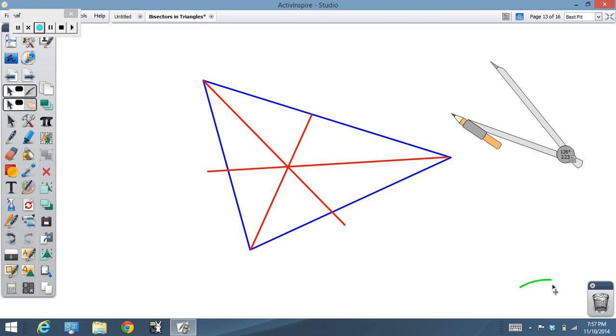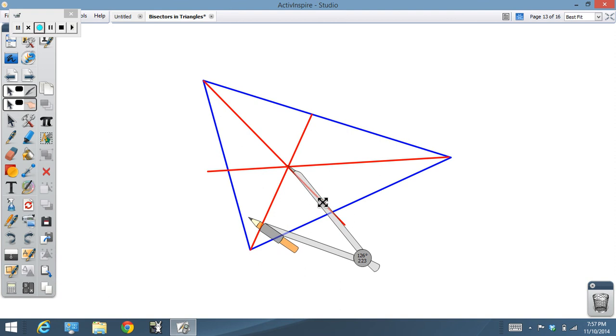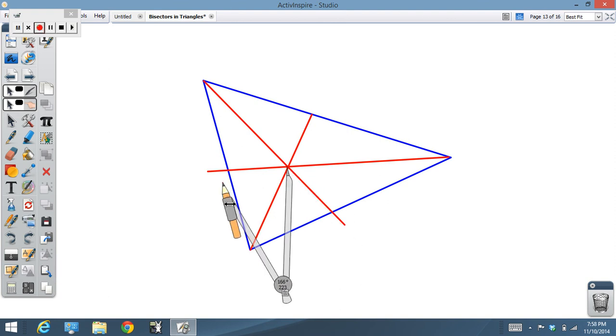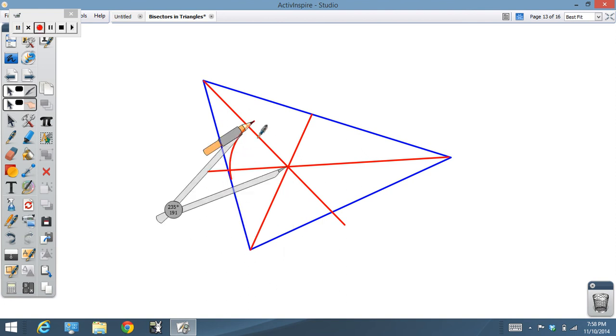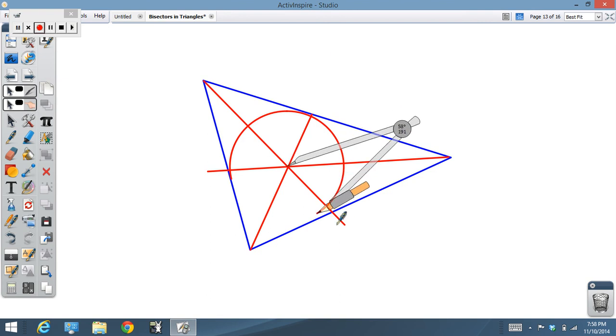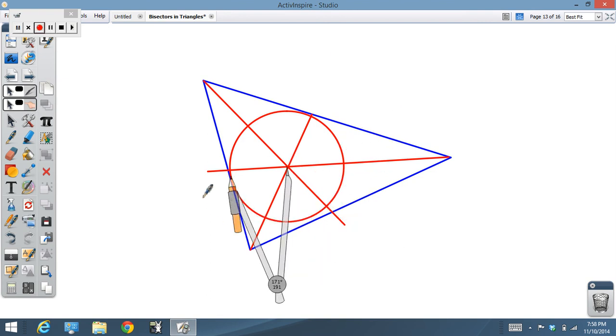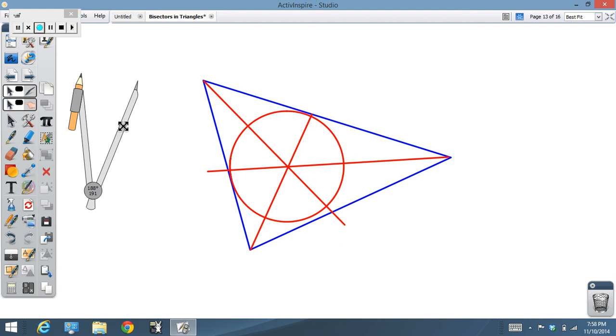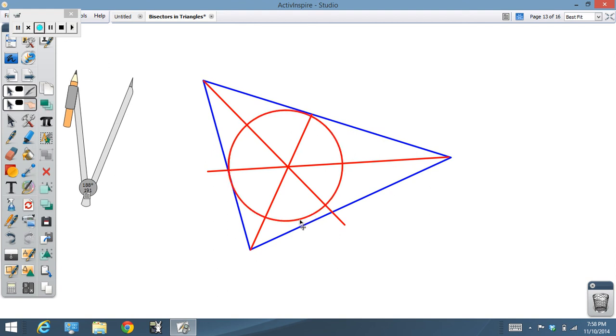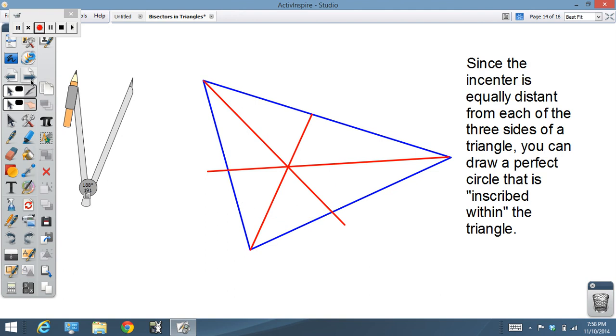So I'm going to set my compass point right here, try to find a location as much as possible that is perpendicular, and create what is known as an inscribed circle. And if I had done it perfectly, this would barely kiss all three sides. I'm a little bit small, but there's the point. I did it better over here.